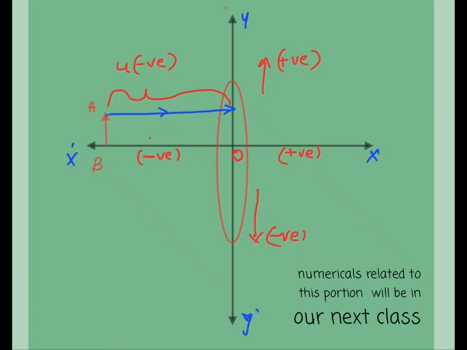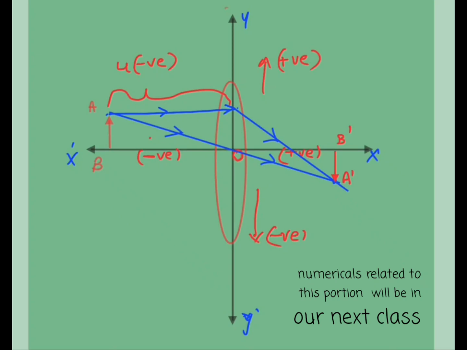Now when you are drawing the image, let's see how the image distance is coming when we are getting the image. Let's see what will be the convention for the image. So here I have shown the image of our object AB. It is formed due to the meeting of two refracted rays, and I got an image A dash B dash.